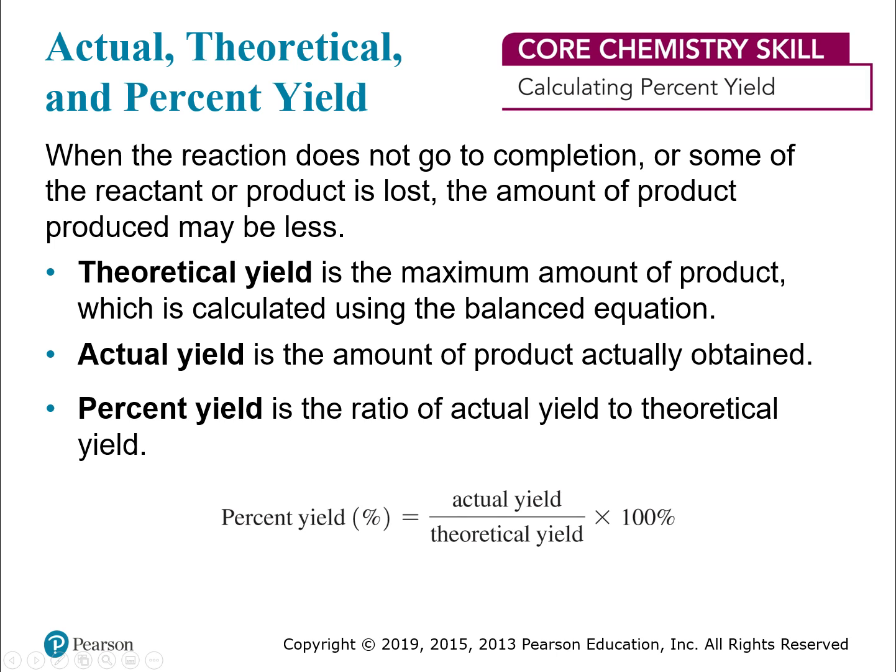When a reaction doesn't go to completion, or you lose some of the reactant or the product, you're going to have a difference in the theoretical yield versus the actual yield. The theoretical yield is calculated. It's using the balanced equation. So the mass-to-mass problems that we were doing, that's how you calculate the theoretical yield.